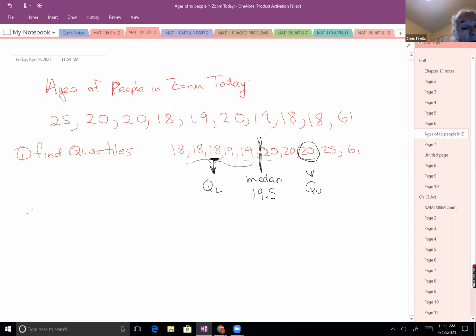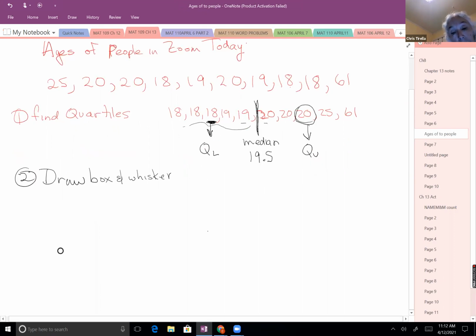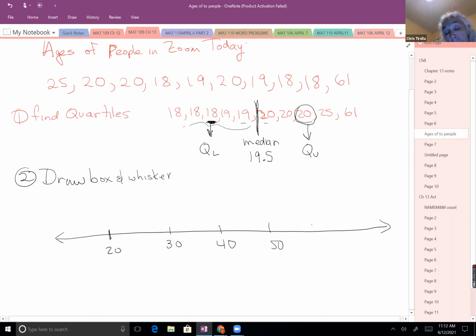So now if we were to draw a box and whisker, our number line would have to go from 18, let's go 20, 30, 40, 50, 60. So this would be about 15, 16, 17, 18, 19.